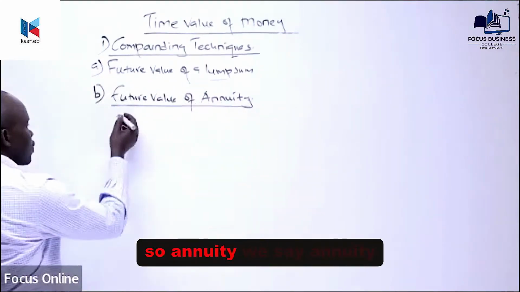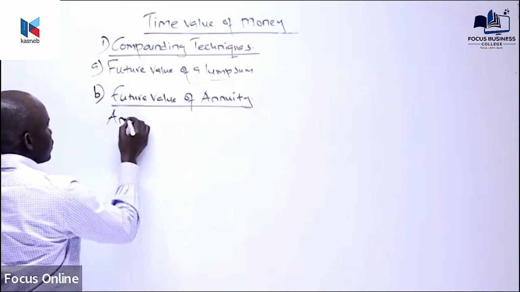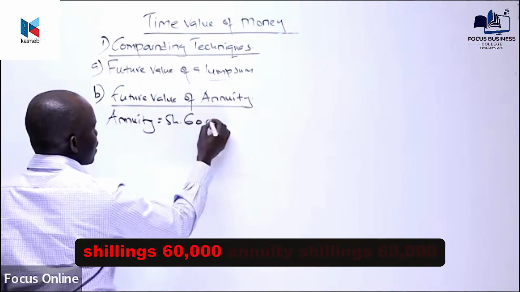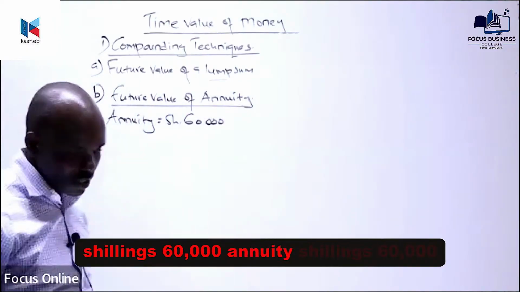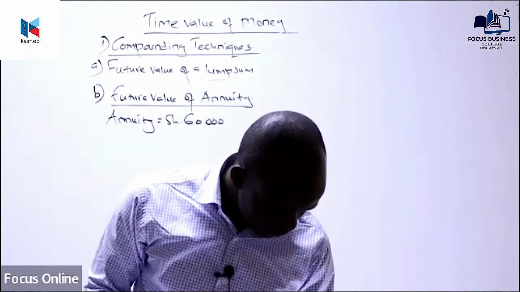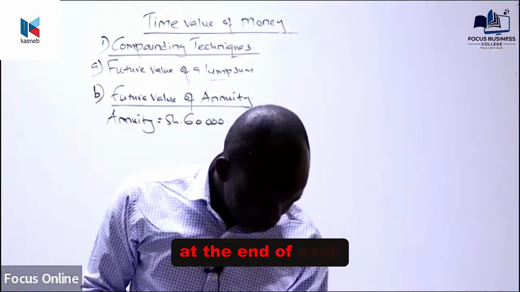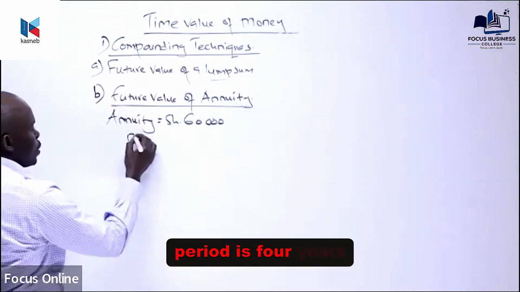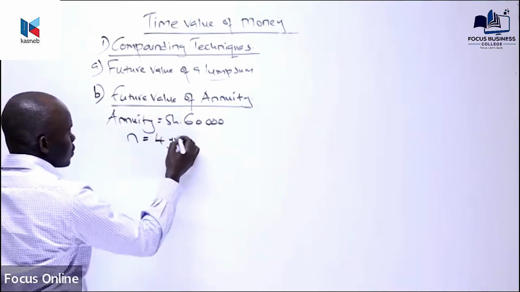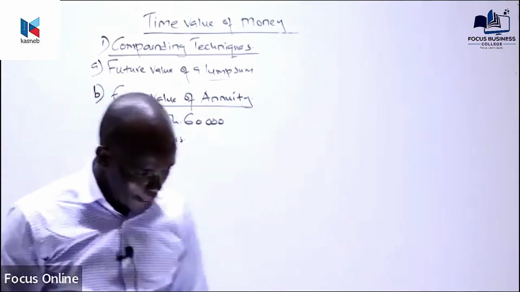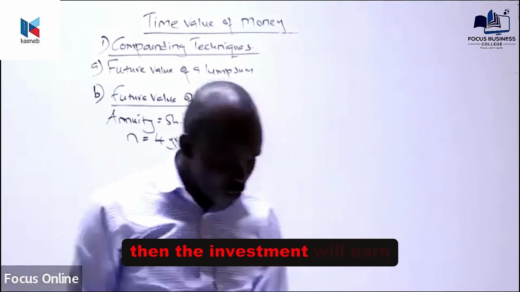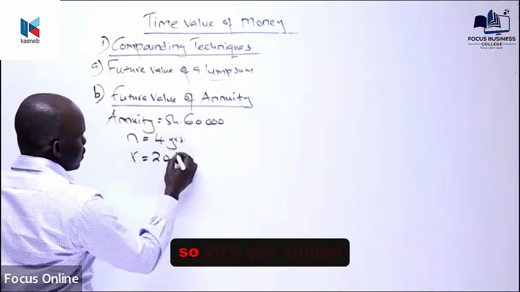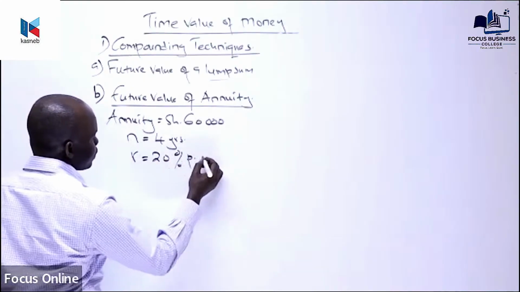So annuity, shillings 60,000, at the end of each year for 4 years. Period is 4 years. The investment will earn interest at a rate of 20% per annum.